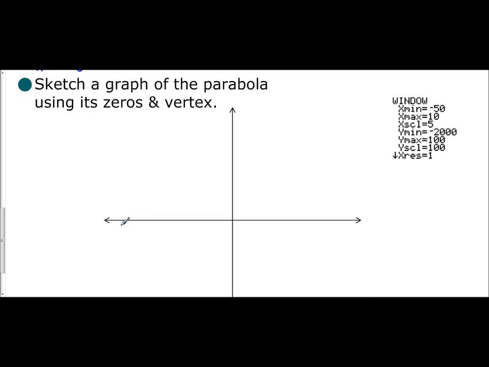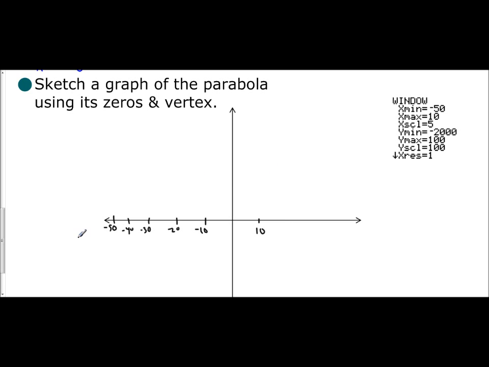So then I'm going to label the lowest point I want on my graph as negative 50. My highest point I have is 10, so let's go by intervals of 10. So let's say this is negative 10, negative 20, negative 30, negative 40. Here's positive 10. The y max is 100.